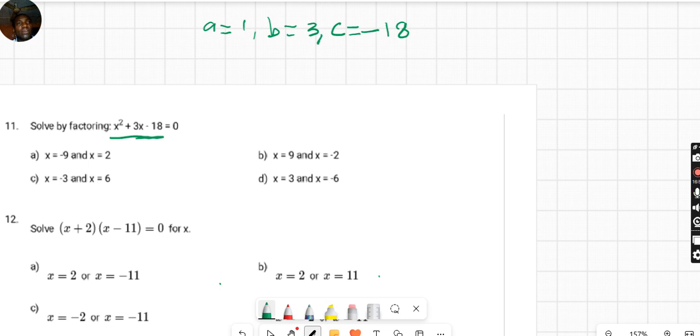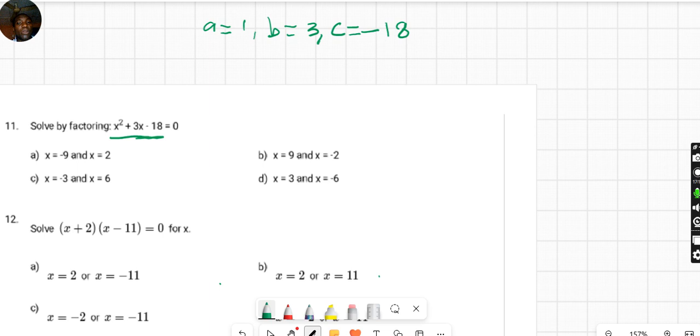The next is we need to find two factors. We need to find two factors that when you add them together, they will give you the value of B, including the sign. Please remember that.